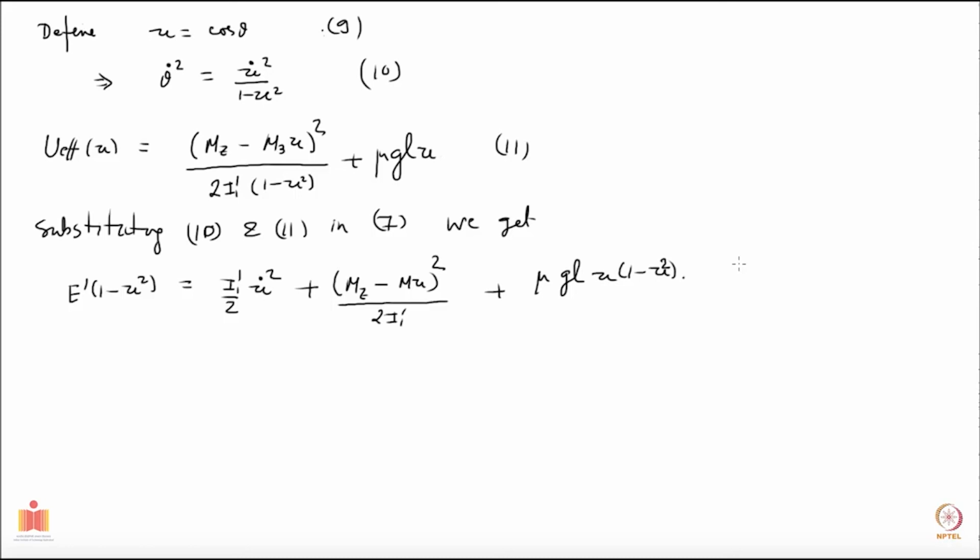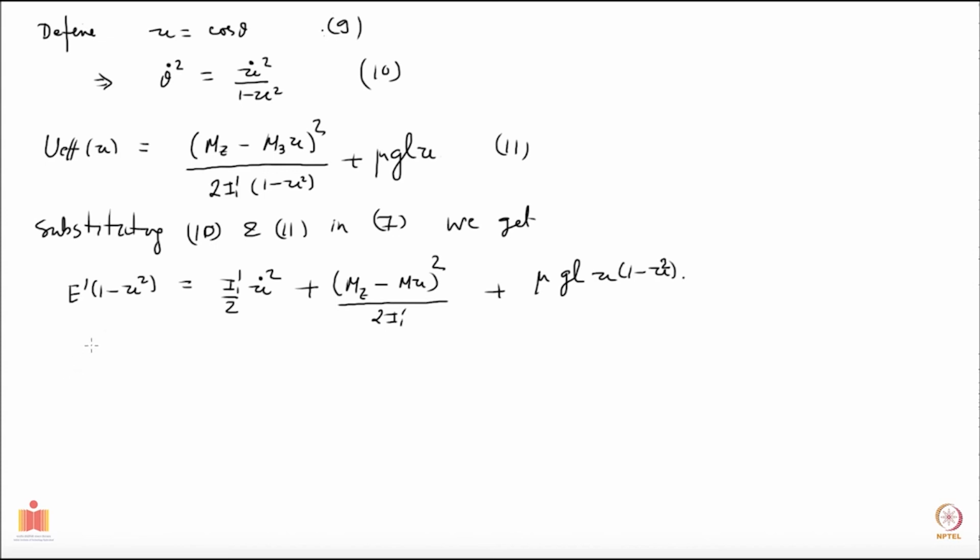Okay, so that's nice. Now what I will do is take the coefficient of u dot square and divide this coefficient throughout this equation. I'm going to divide everything by I1 prime by 2 so that the coefficient of this becomes 1. Okay, that's what I'm going to do.